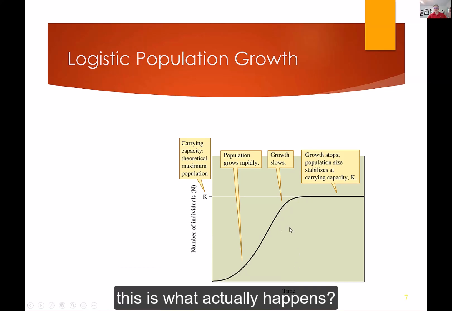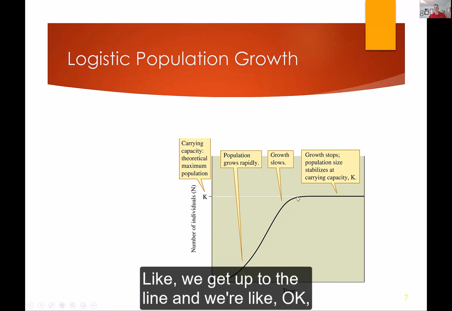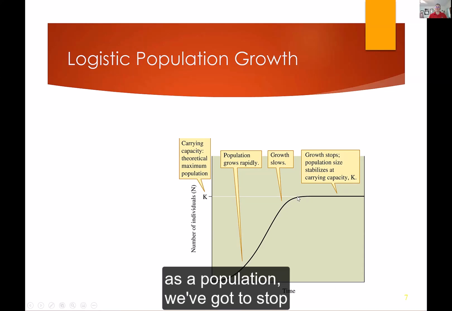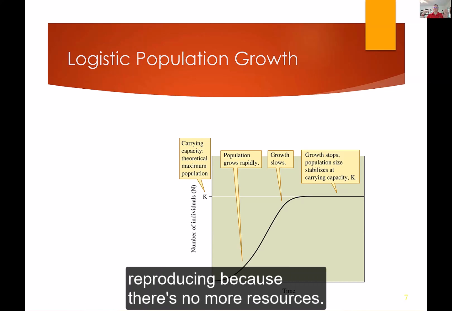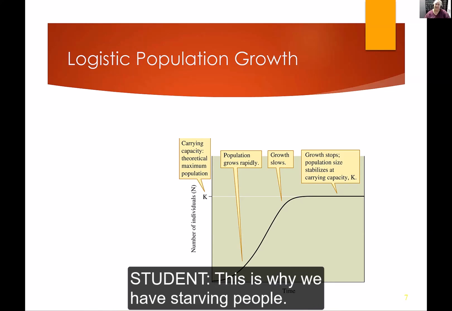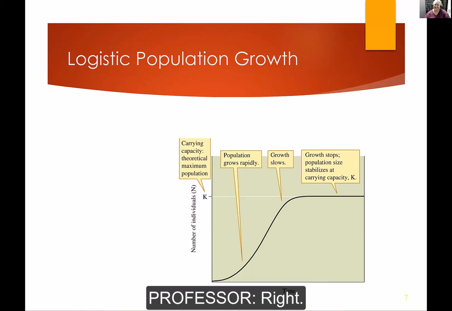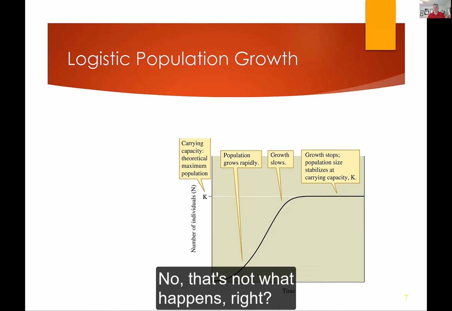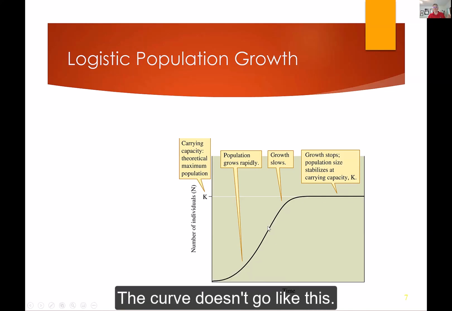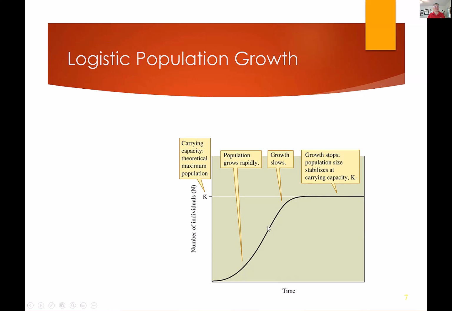Do you think this is what actually happens? We get up to the line and we're like, okay, as a population, we've got to stop reproducing because there's no more resources. This is why we have starving people. No, that's not what happens, right? The curve doesn't go like this. What do you think the curve actually does?